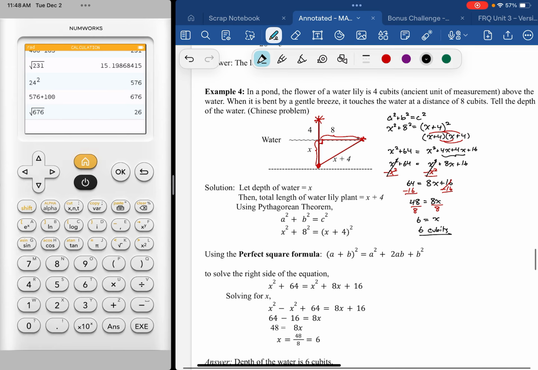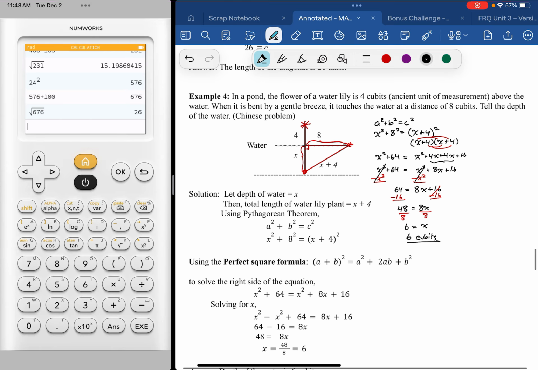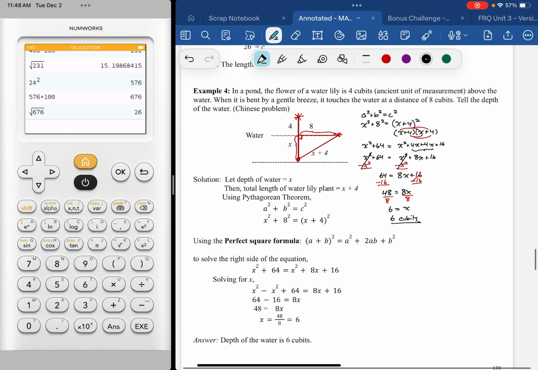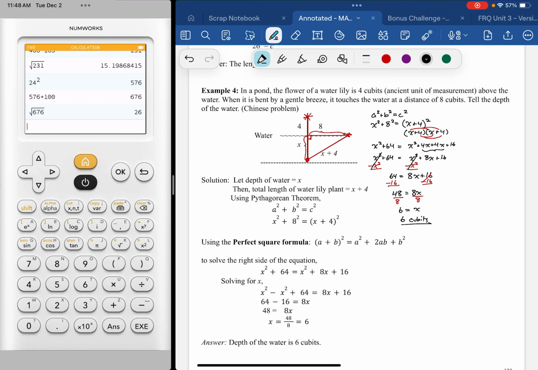So there's kind of a lot going on there. You could apply the perfect square formula if you want, but really just distributing out is probably the easiest way to handle it. That's the approach I would use, but you can see the solution here also.